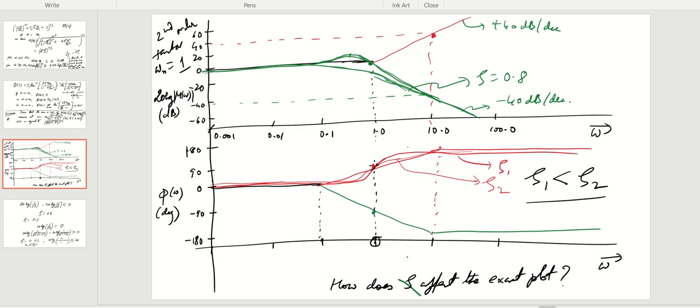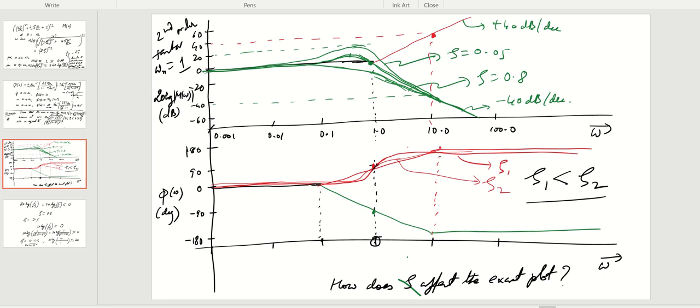Not a problem then. So this will shift closer and closer to omega n. The interesting thing is that the peak now rises significantly. Now you'll have a peak of around 20 dB and then eventually coming down like this. So this is probably for zeta is equal to 0.05.